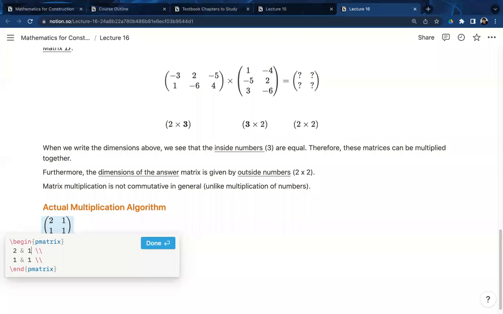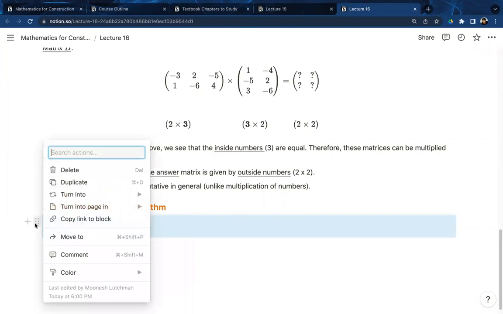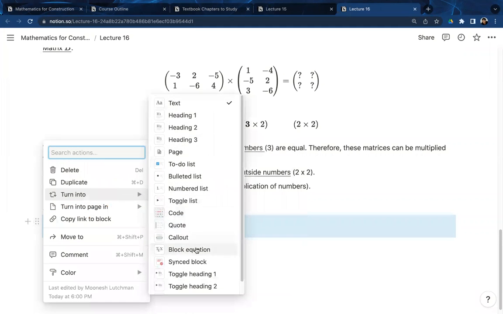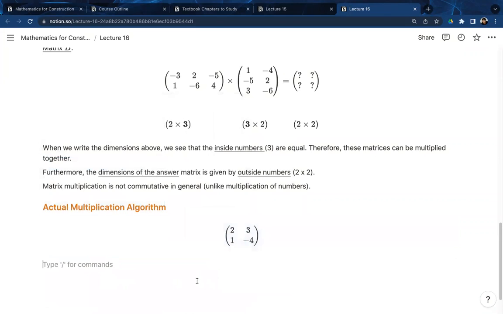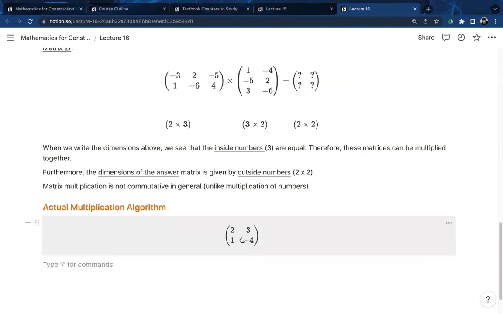So I have 2, I have 3, minus 4. And next one is minus 5, 7, minus 3, 4.